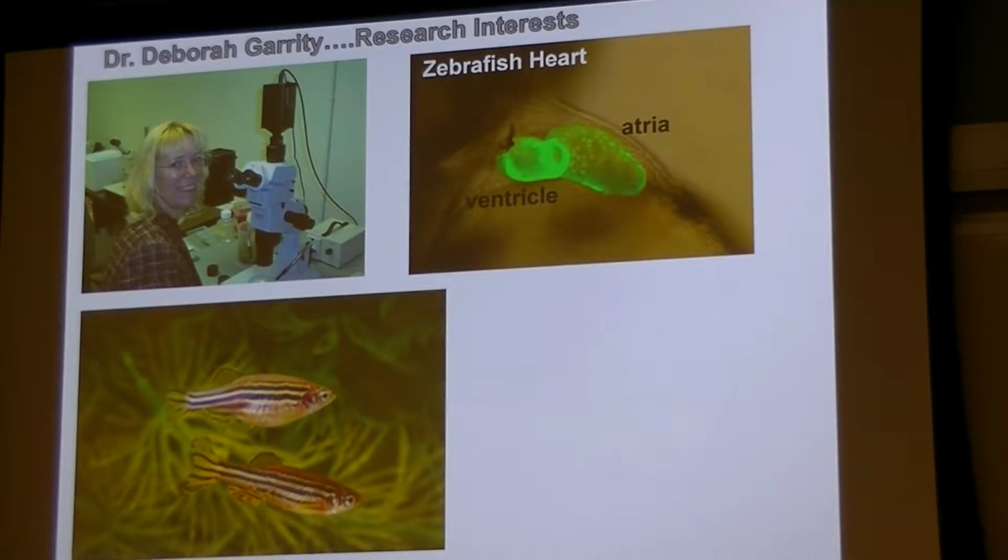So it's not just me, but a lot of people around the world are working on zebrafish as a model for organ development, including the heart and other things. So this up here in the corner shows you a zebrafish heart with 2 chambers, and it's labeled with a marker called green fluorescent protein that we'll hear a lot about, of course.